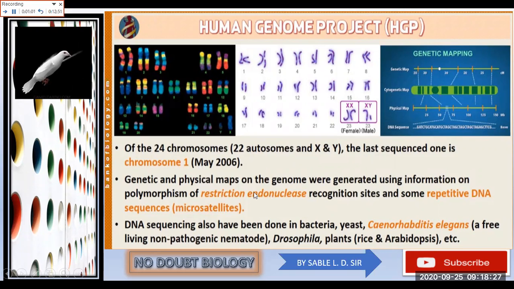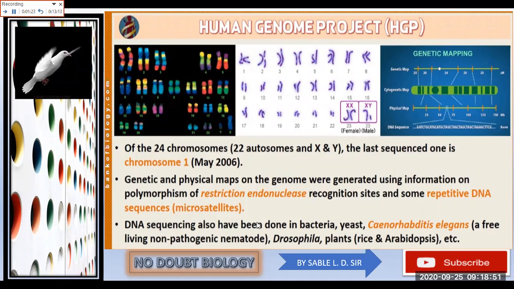This is the name of an enzyme, restriction endonuclease. It plays a very important role while generating the information. Recognition sites and some repetitive DNA sequences, called microsatellites, also help with the study of the HGP.